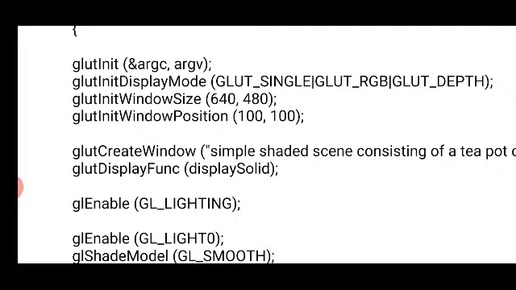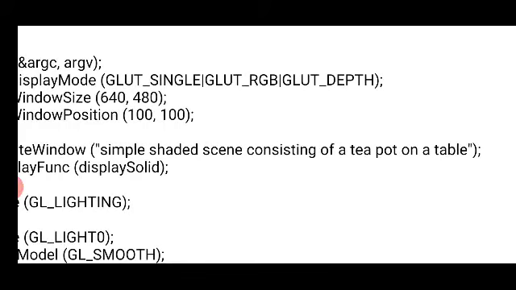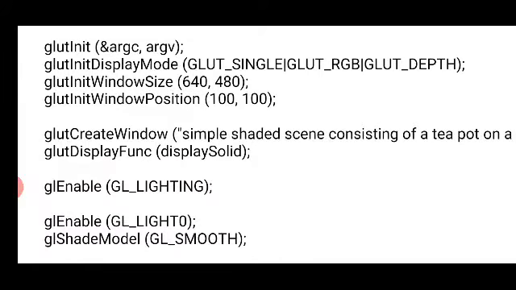Then you initialize the window size, here we have taken 640 by 480, and window position 100, and then you create a window, and the title of this window will be simple shaded scene consisting of a teapot on a table. And then you register the display function, that is glutDisplayFunc, and your display function name is display solid.